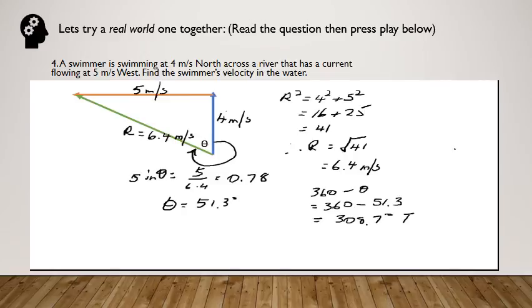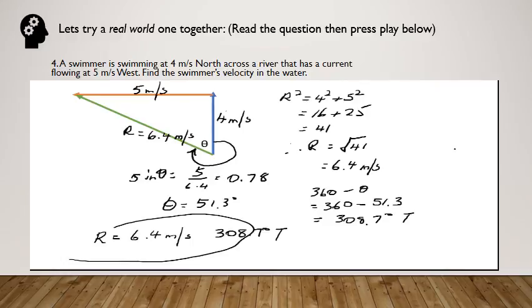So our final answer is 6.4 meters per second, and the direction of that final vector is 308.7 degrees true. Please get in a habit of circling your answer just to make it easier to see.